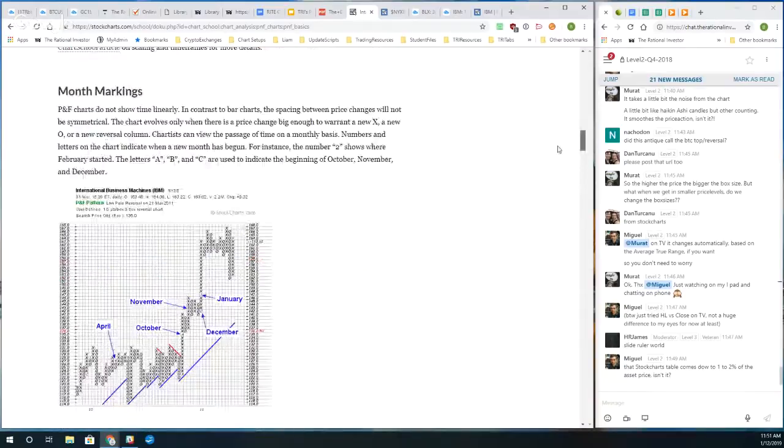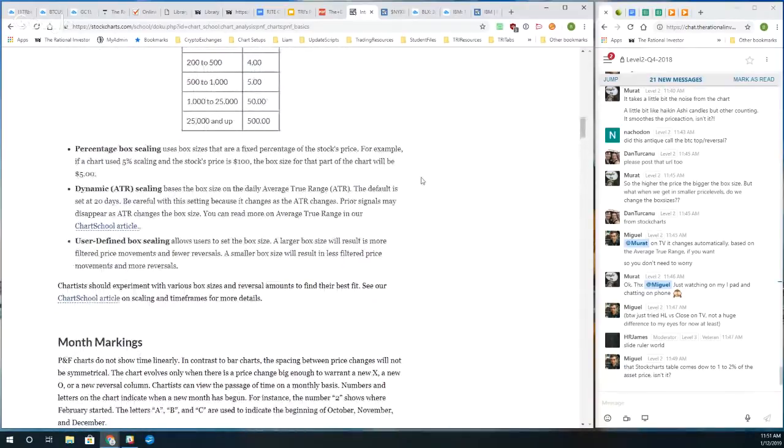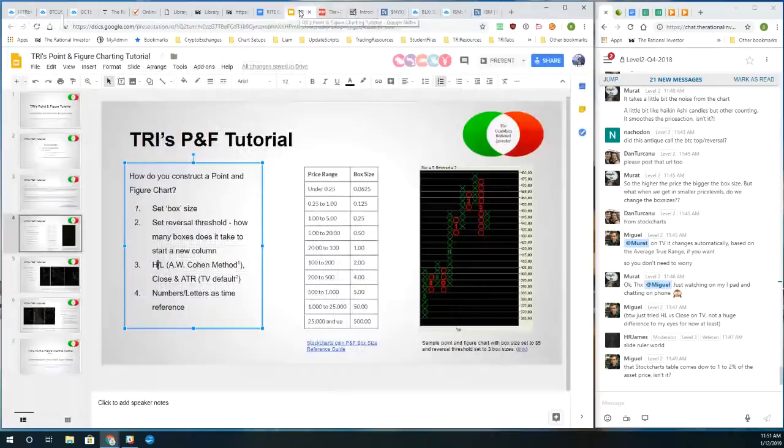In that, they even suggest, right here, be careful with this setting because it changes as the ATR changes. Prior signals may disappear as ATR changes the box size. So just like stockcharts.com suggests, I don't really recommend using ATR. I would prefer that you stick with the traditional box method.